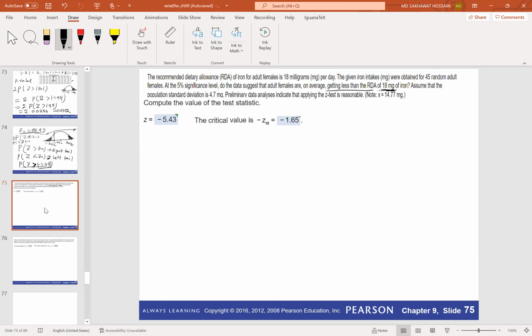Assume that the population standard deviation is 4.7 milligrams and preliminary analysis indicates applying a z-test. They said that the z-test is reasonable, which means the data is close to a normal distribution, so we can use the z-test. So that's fine. Now step one, we need to write the hypotheses.